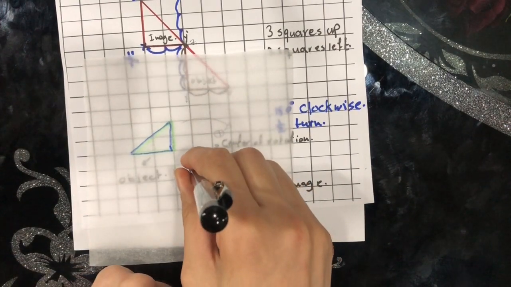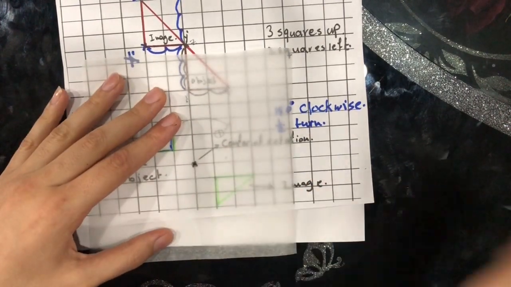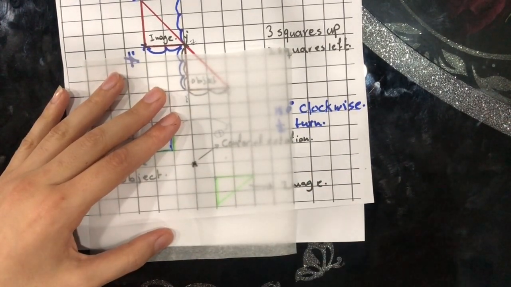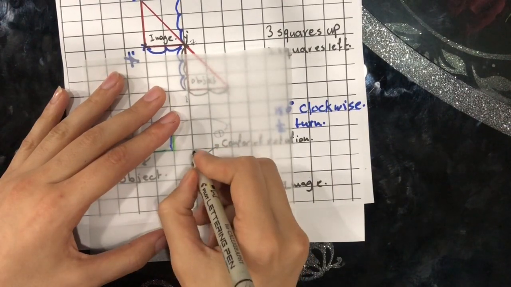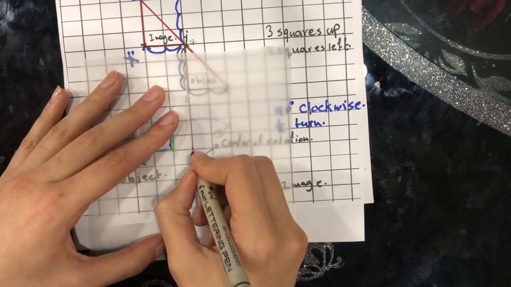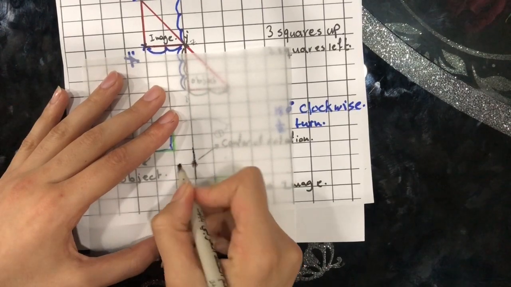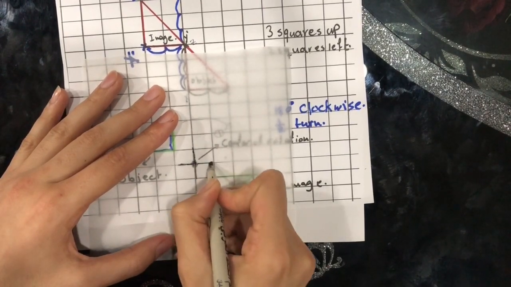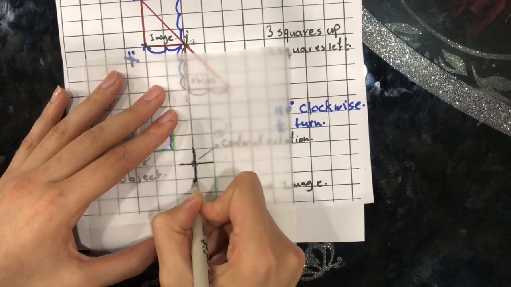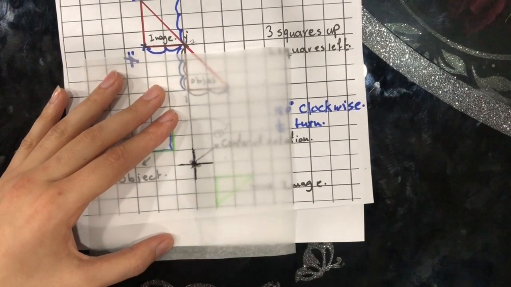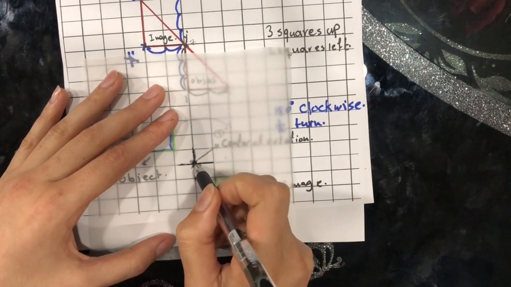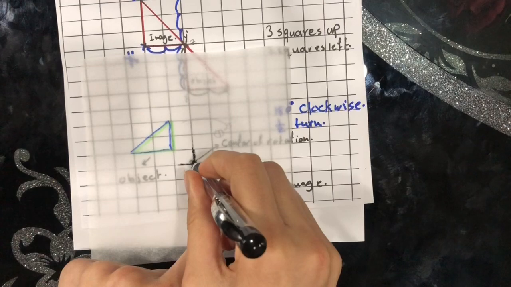Now, 180. First of all, let's just draw the y-axis and the x-axis as well. This will make it easy for me to know when exactly to stop.